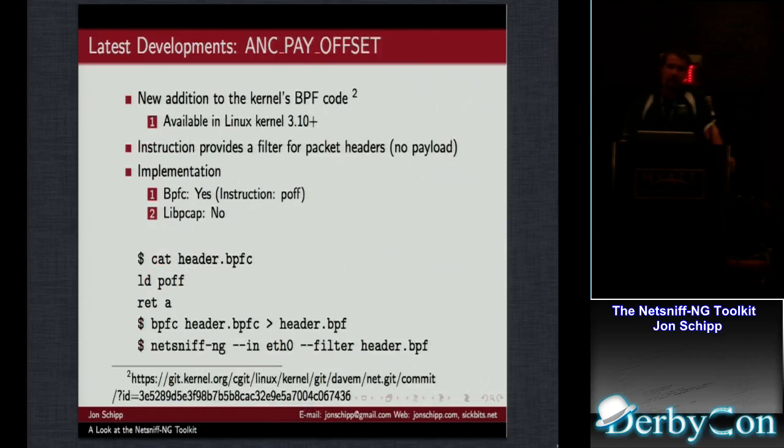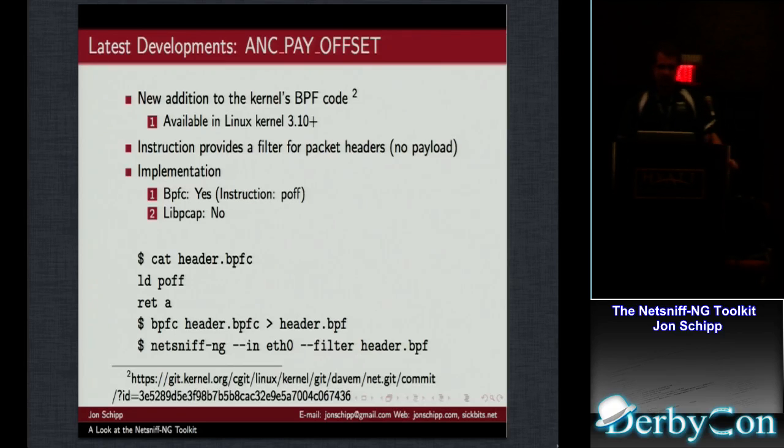Another recent development, I believe this is from Daniel, one of our core developers in the kernel, is this neat little BPF instruction. It's a dynamic instruction that allows someone to write packet headers to disk and just truncate the payload, just skip it, which is pretty cool. Before, you would probably have to do some math to cover the entire header, the 20 byte IP header, the 8 byte UDP header and so on. But now you can just enter this and it does that dynamically.